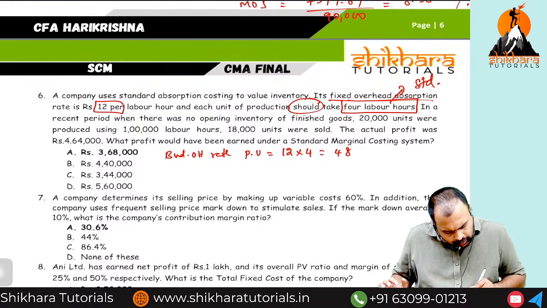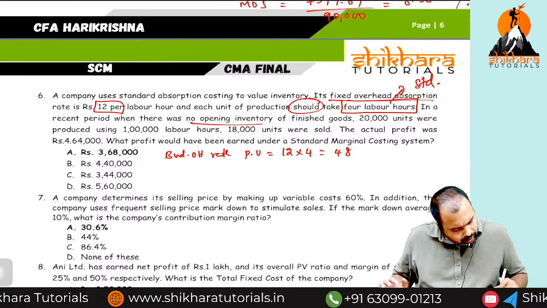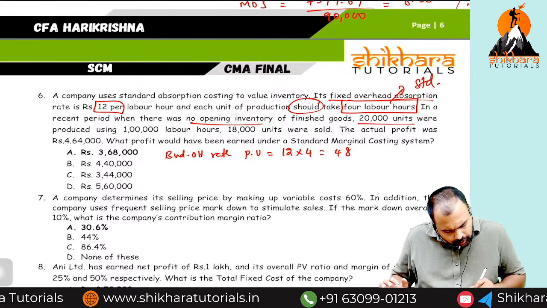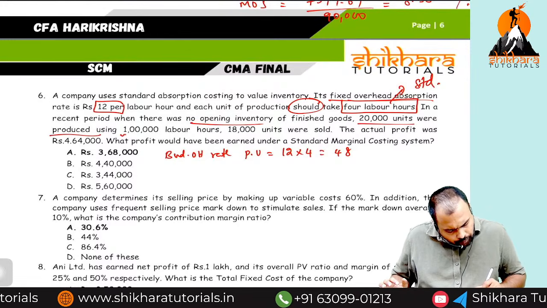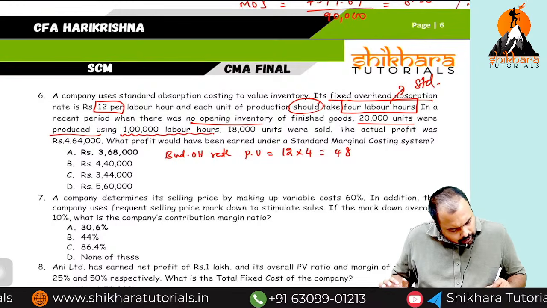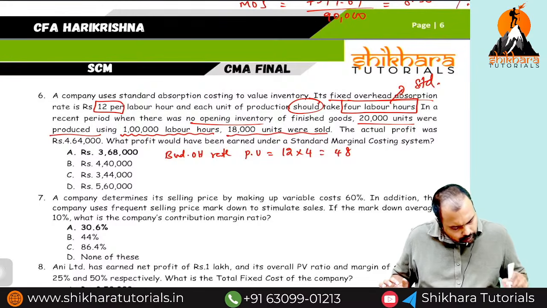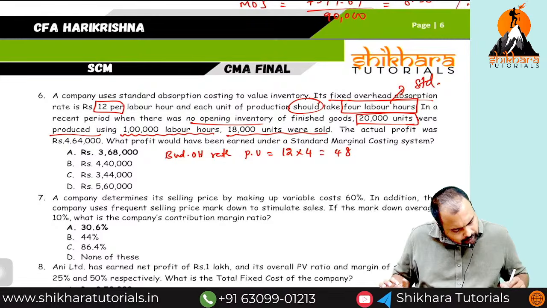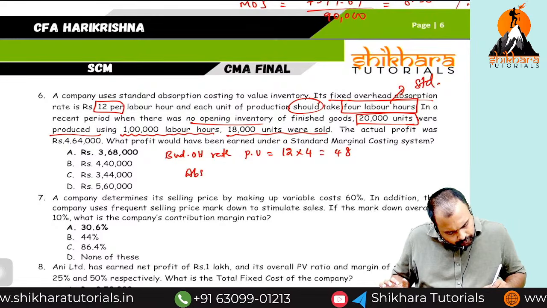In the recent period there was no opening inventory of finished goods, but 20,000 units were produced using 1 lakh labor hours and 18,000 units were sold. 20,000 units are produced, sir. Then what is absorbed overhead?